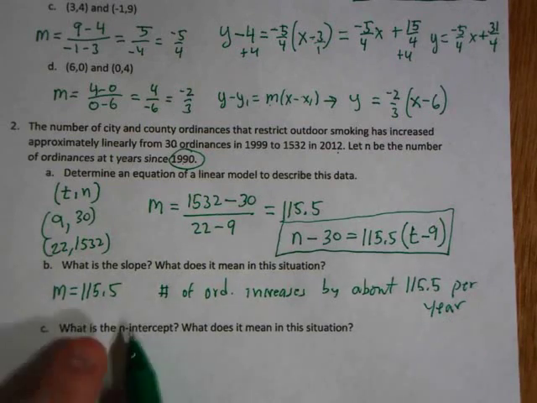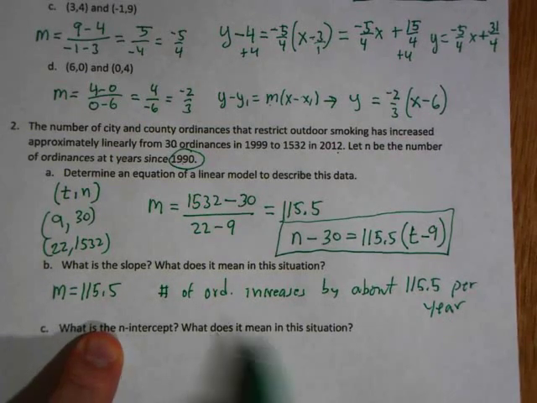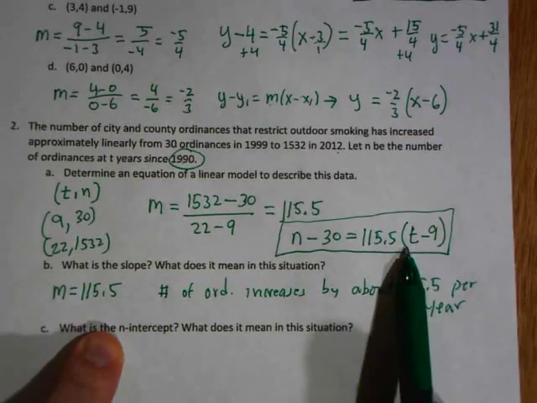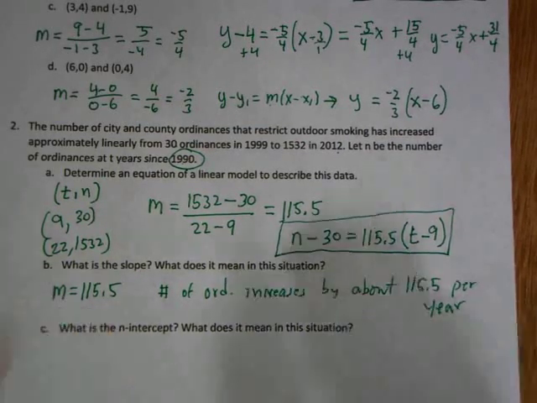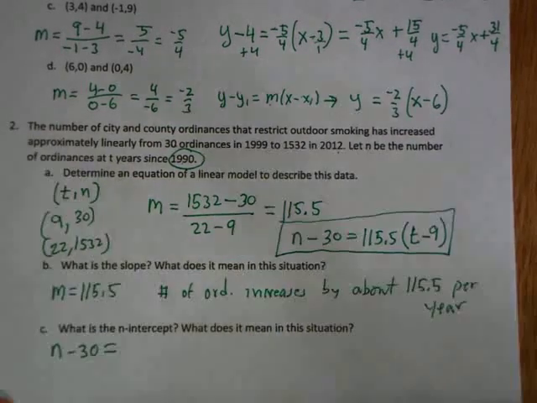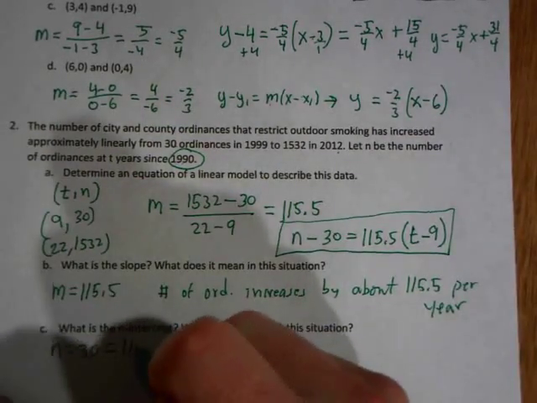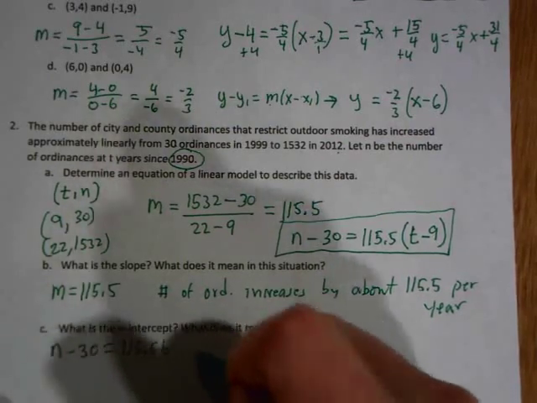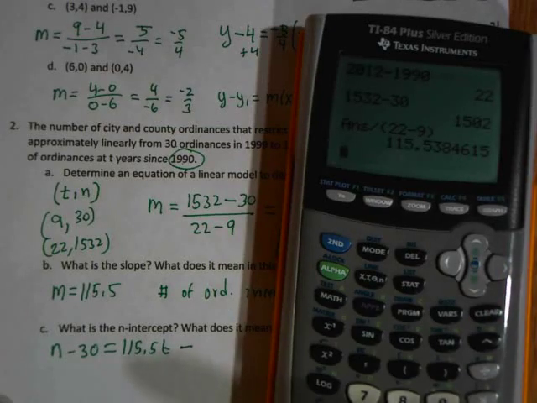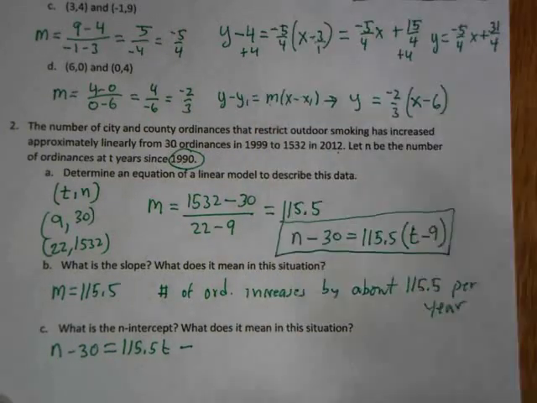All right, now this is a little different. What does the n-intercept mean? And what is the n-intercept? Well, I don't know what the n-intercept is. I have to do a little bit of work. So I have to write this as n minus 30 equals 115.5t minus, multiply, 115.5 times 9 is 1,035.